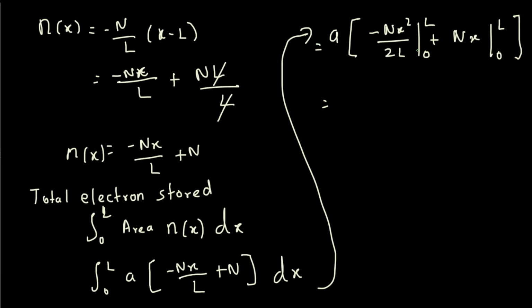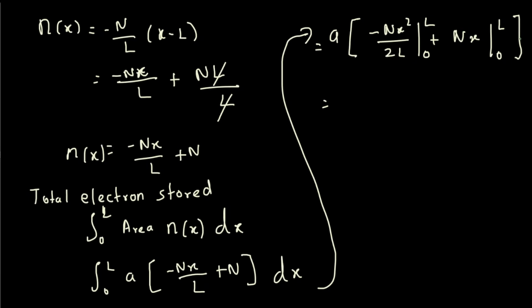So 0 to L, if you substitute 0 for x, the whole thing is going to be 0. So first we plug the upper limit of integration for x, and that's going to be x replaced with L. But the lower limit, when we substitute, that's going to make the whole thing 0. So we don't have to worry about the lower limit, because it's going to turn to 0 for both of them.